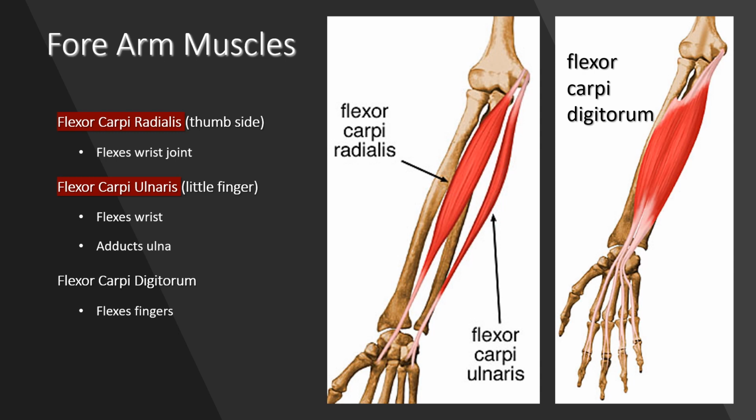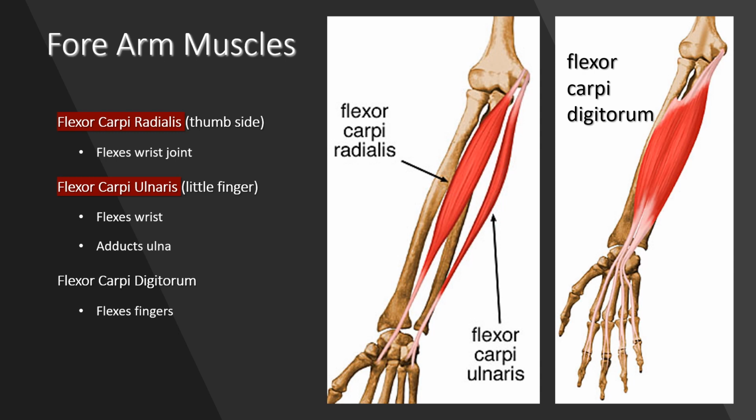These are the muscles of the forearm. So the front of the forearm, so the palm facing upwards. The main thing to remember about these forearm muscles is that these are all flexors. So they're flexor carpi radialis, flexor carpi ulnaris, and flexor carpi digitorum.